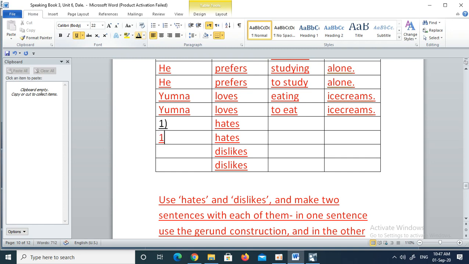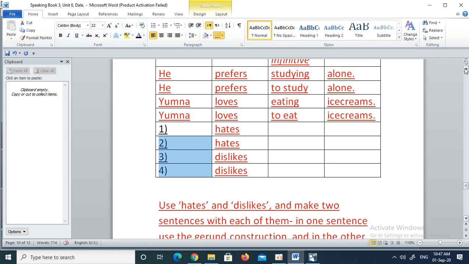Then I want you to make sentence 2 and use hates with the infinitive construction. I want you to make sentence 3, use dislikes with the gerund construction. And then sentence 4, use dislikes with the infinitive construction.